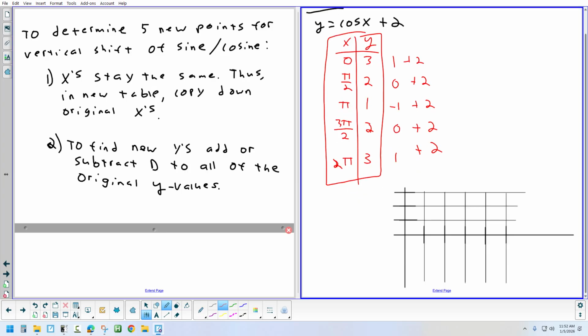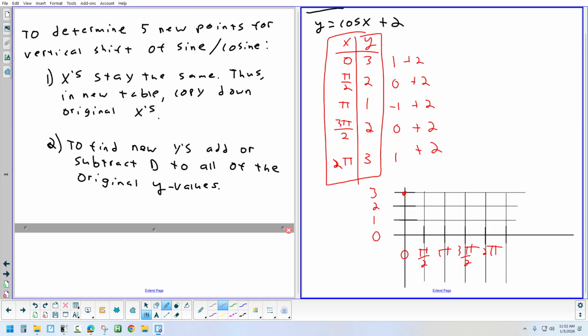Okay, so the highest you need to go is 3. So let's number it 0 to 3. Because I know my graph is going to be shifted up, I'm going to put my labels down here so I don't draw over them. If the graph had been shifted down, then I probably would have put the labels above so they'd be out of the way.